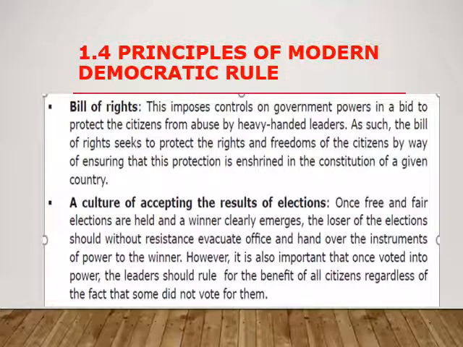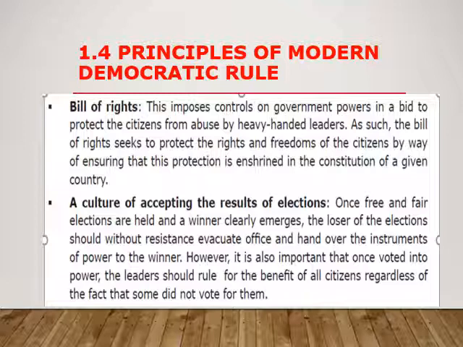Going back to the principles of modern democracies, let's go further and talk about, in addition to economic freedom, in addition to stopping abuse of power, a new important element called the Bill of Rights. This embodies controls of government powers in a bid to protect the citizens from abuse by heavy-handed leaders.